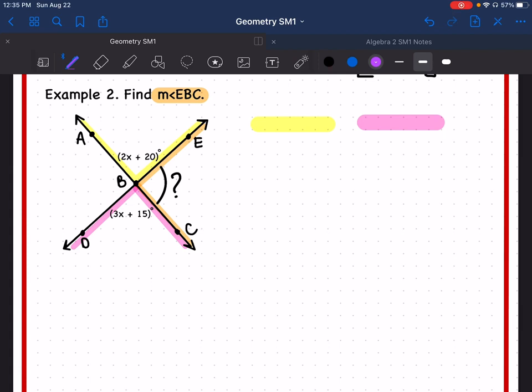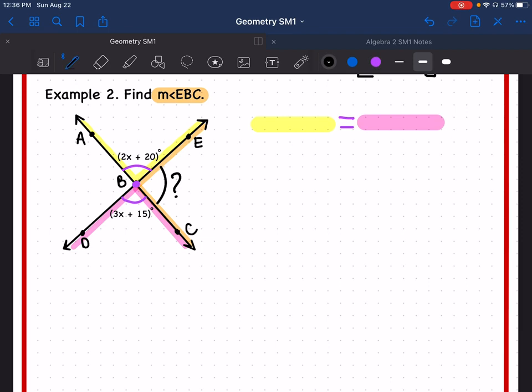They've been moved, but this angle and this angle are vertical because they're sharing that B. In our foldable, the two angles marked as vertical were here and here. But remember, we talked about the ones above and below were equal as well. So I'm going to set them equal because vertical angles are congruent, which means they are equal.